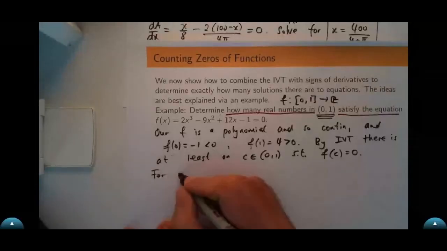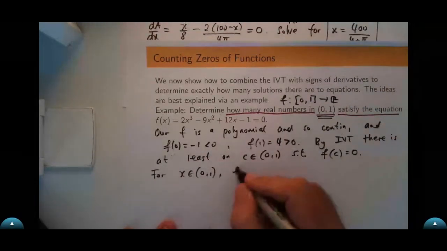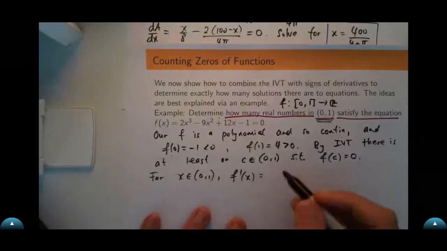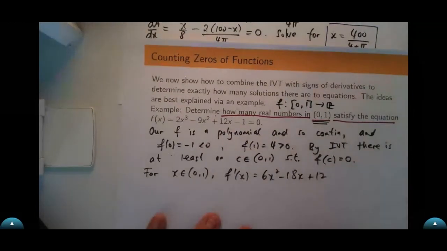Well, we can show that the derivative of the function is positive. So let's differentiate this and see what happens. 6x squared minus 18x plus 12.